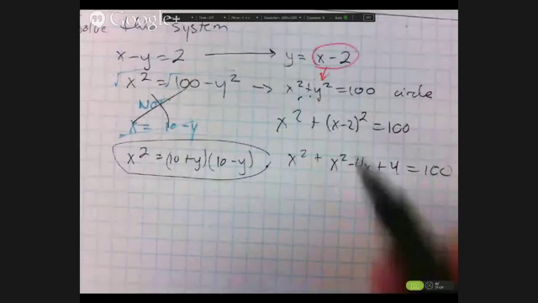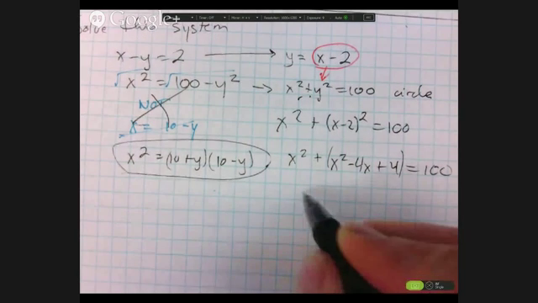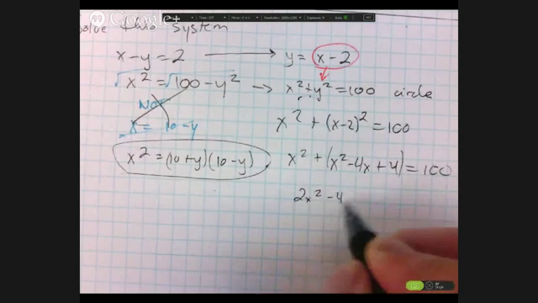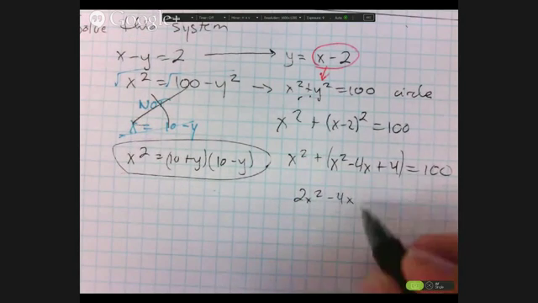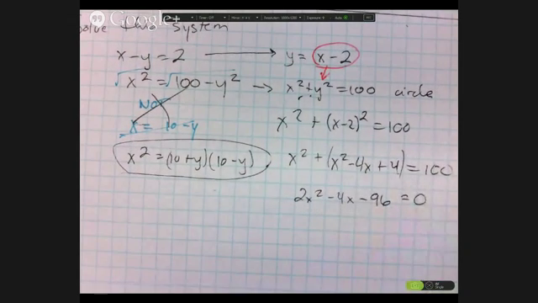So this is FOILed. Make sure my math is right. And then combine like terms. And guess what you get to solve? Huh? Yeah, good luck with that. It's already been solved.